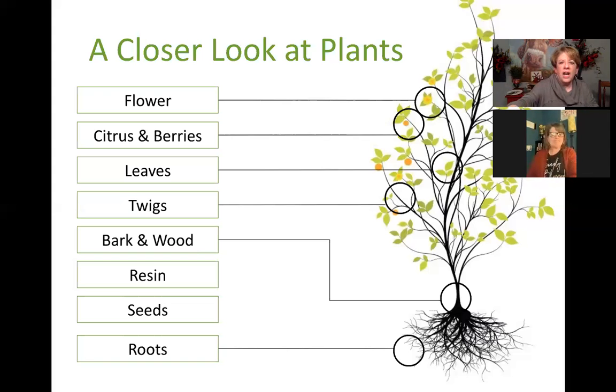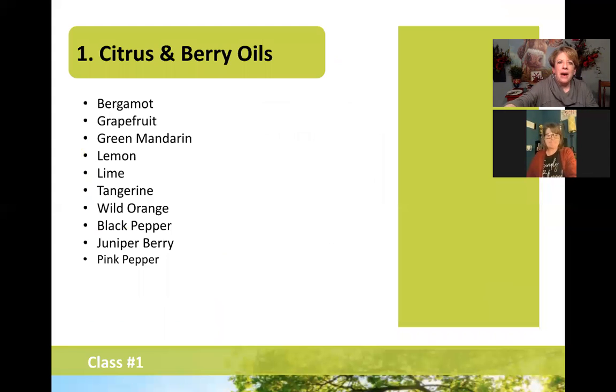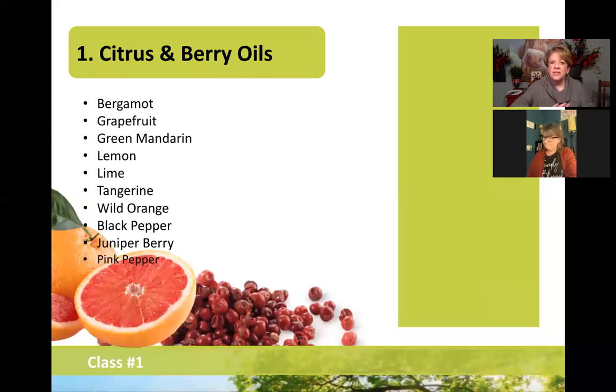Let's start talking practically about the different parts of the plant and the oils that we have from those parts, just to give you an idea. Citrus and berry oils. See why I said screenshot? Now, there have been oils added to our lineup since this presentation was put together, so just know any of the oils that fit into that category can be added to this list.